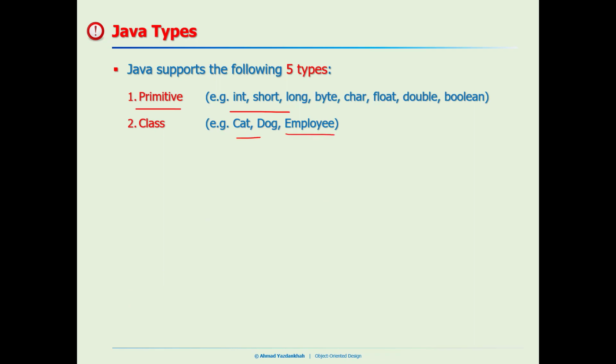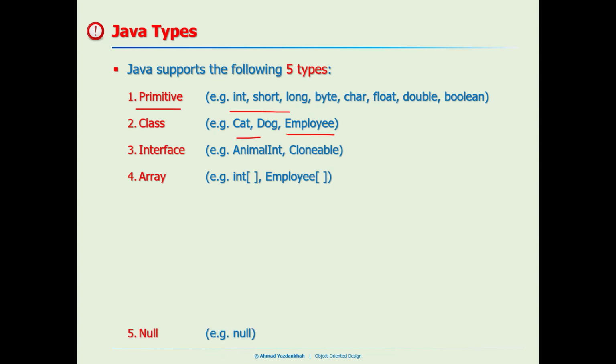And interface, yeah, interface is a type. Arrays are a different type. And this is a surprising type, null. Yeah, we have a null type, and it is with capital N.